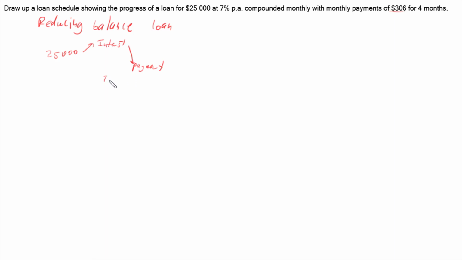So you might be at $24,600 maybe. Probably not in this case. And then the next month, the interest gets added, then the payment gets added, and you're a little bit lower again. Then interest, payment, interest, payment. So over time, the balance of the loan overall at the end of each term decreases.